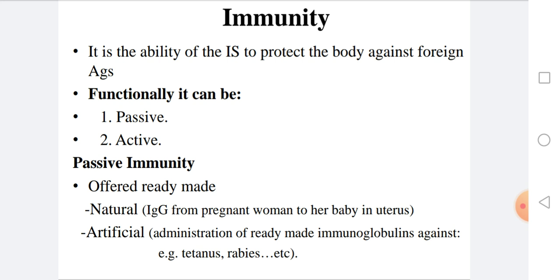So these immunoglobulins are produced outside the body, maybe in the factories or laboratories, and then transferred to people. The immunity gained after receiving these immunoglobulins is known as passive artificial immunity.